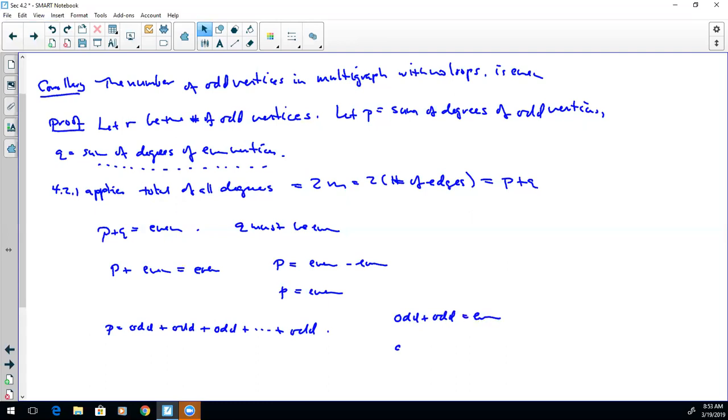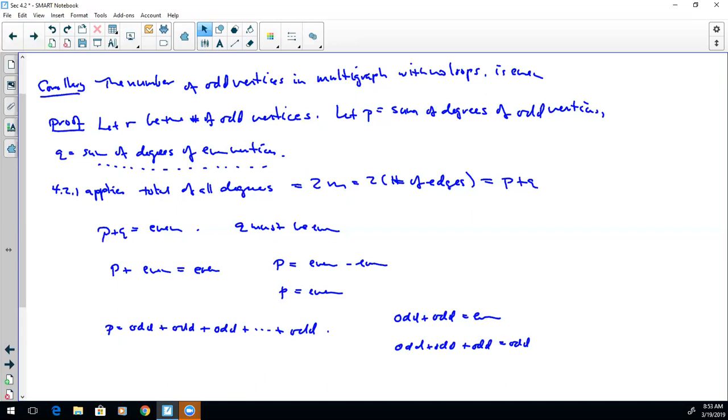So the only way you're going to get an odd number when you add up odd numbers is to have an odd number of odd numbers.